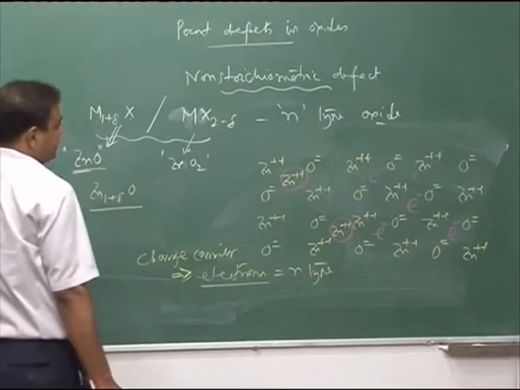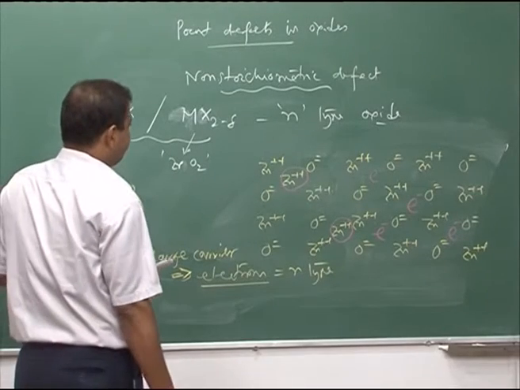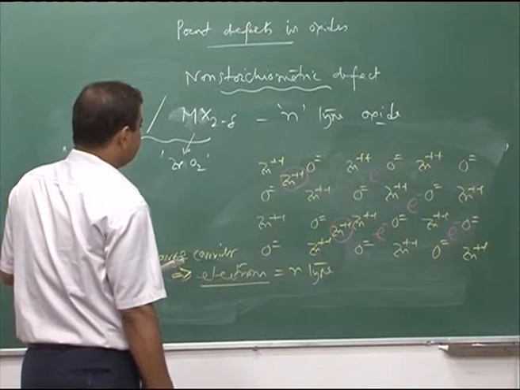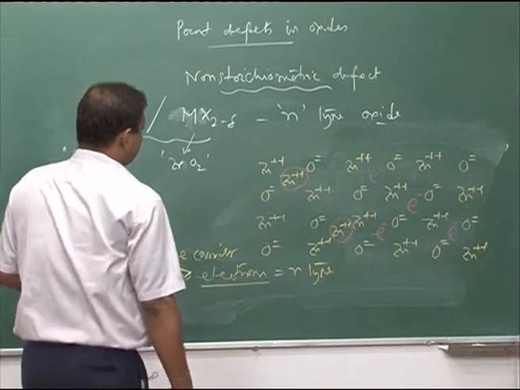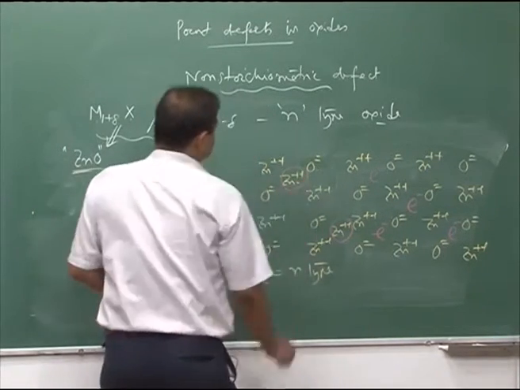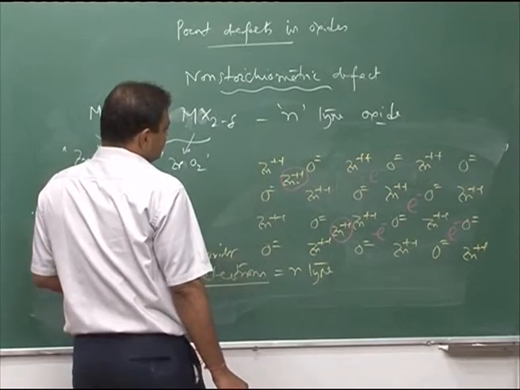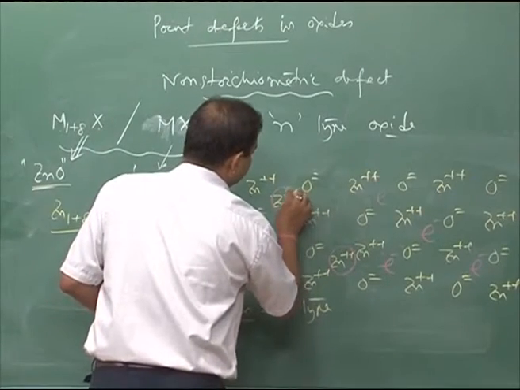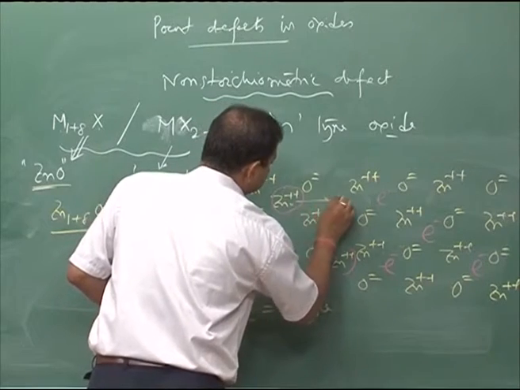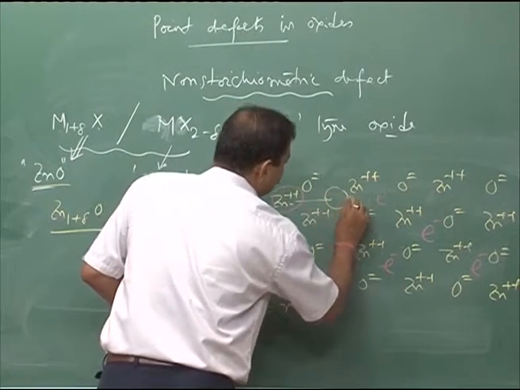And then if we try to find out the diffusing species for the oxidation, here the diffusing species is the interstitial zinc plus plus, which will move to this position and like that.